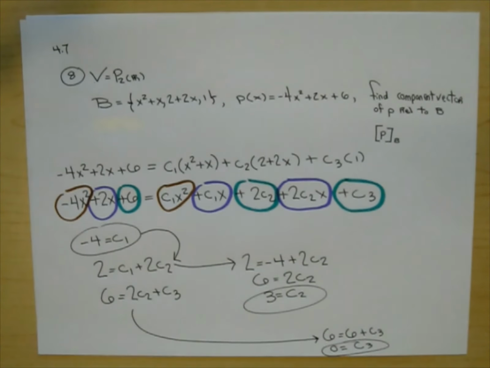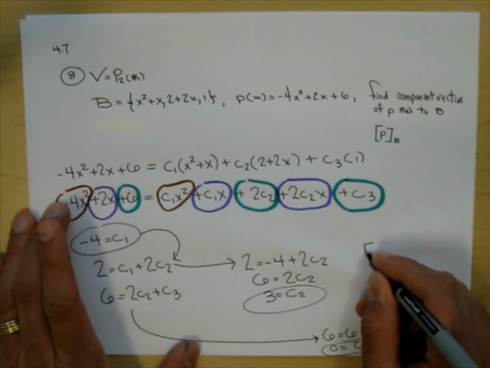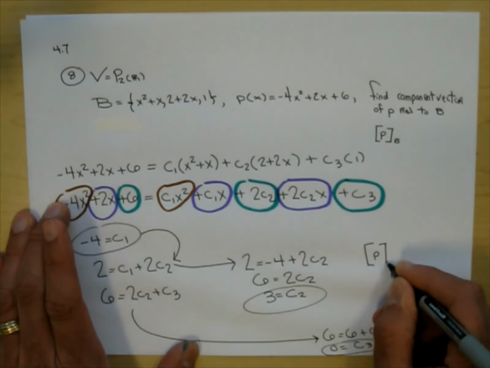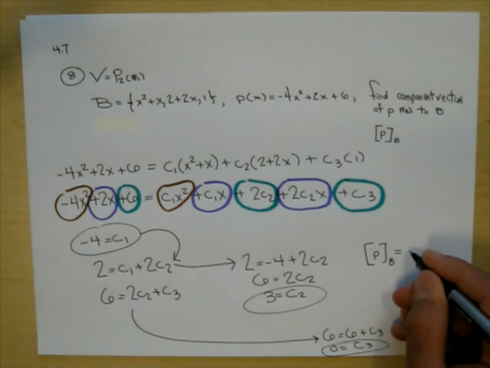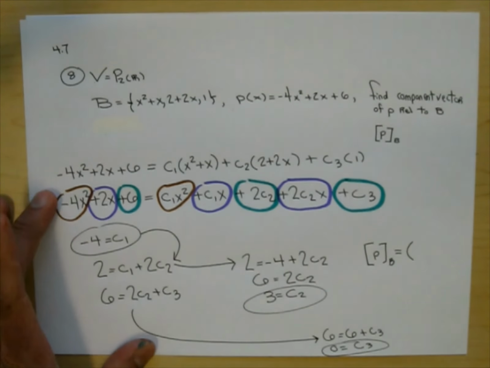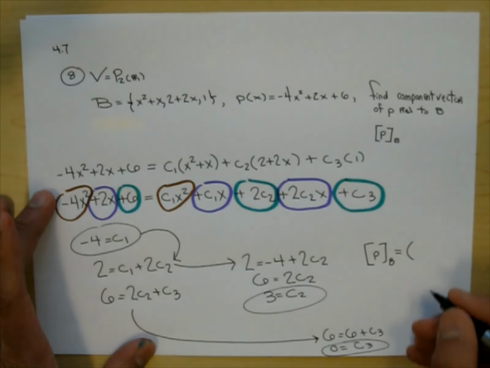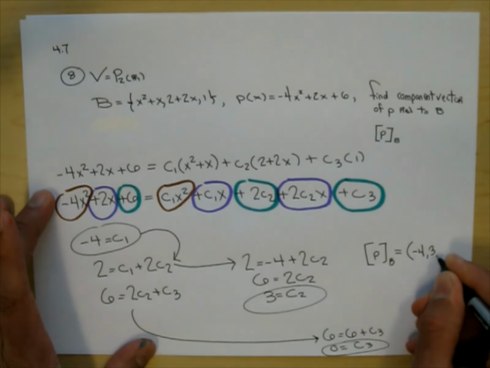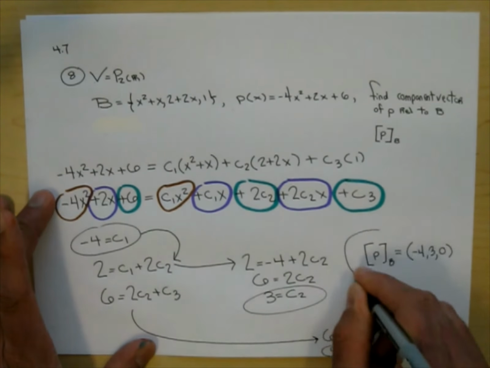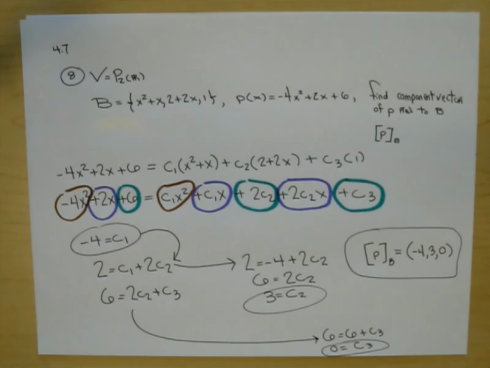Can that happen? Well, it just did. So C1 is -4, C2 is 3, and C3 is 0. This component vector can either be written as a column vector or just an ordered triple, and it's just your C1, comma, C2, comma, C3, with whatever values they are. So this is -4, comma, 3, comma, 0. So there's your answer. That's problem number 8.